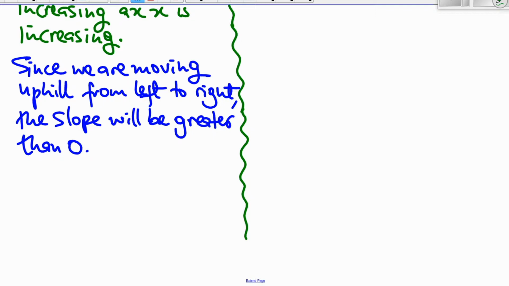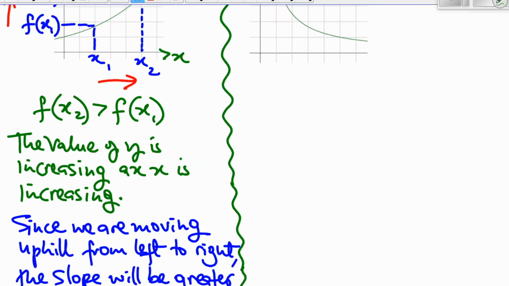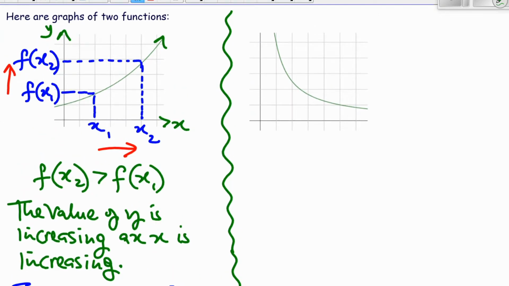So how can we generalize this? We can say that a function is increasing when the gradient or the slope is greater than 0, which makes sense, right? So a function is increasing when the slope or the first derivative or the gradient is greater than 0.